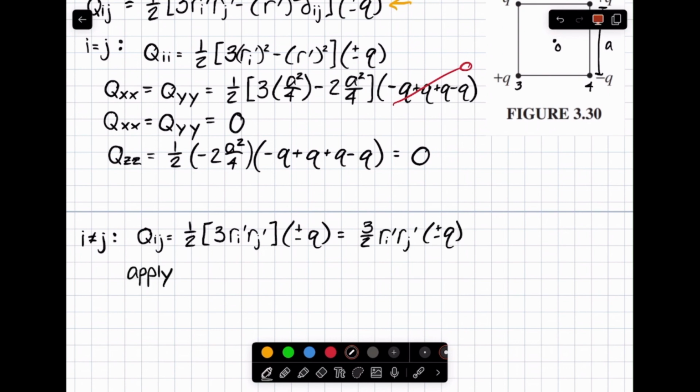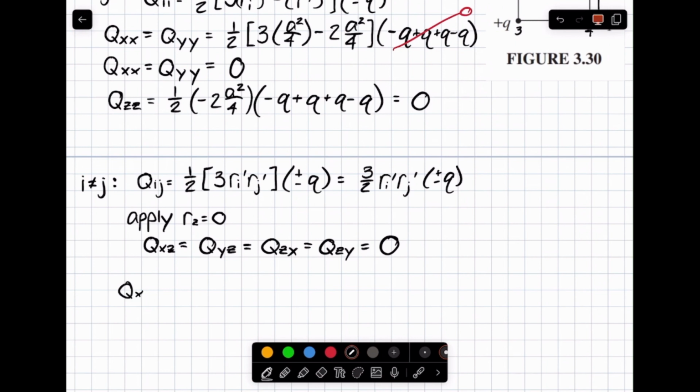Applying the fact that r_z is equal to 0 anytime i or j is equal to 3, or z as it corresponds to, so let's say q_xz, q_yz, q_zx, and q_zy, those are all going to equal 0.